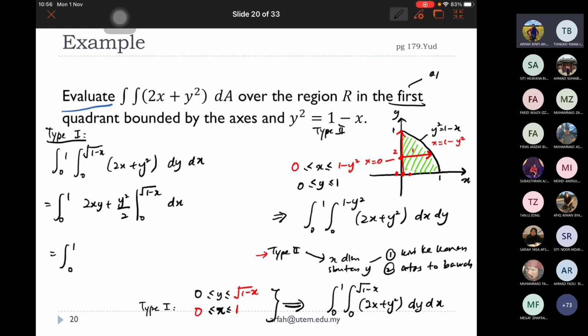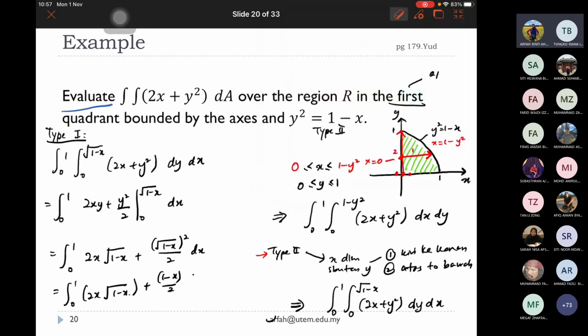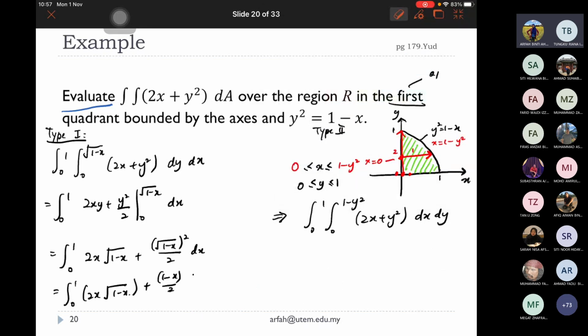So integration 0 ke 1, 2x set 1 tolak X tambah set 1 tolak X kuasa 2 per 2, dx. Okay. 0 to 1 integration 2x set 1 tolak x tambah 1 tolak x per 2 dx. So kena guna method apa ni? Dekat dalam engineering maths 1. Okay, dx. So in this case, awak kena guna tabular method.